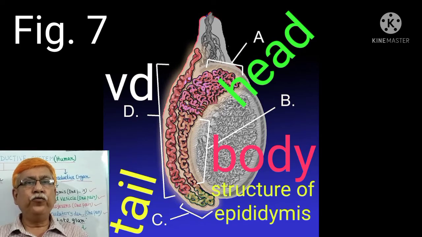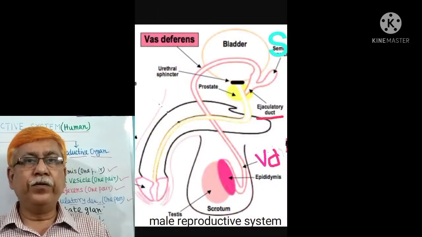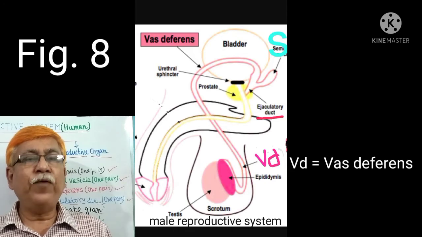It is divided into 3 parts. 1, head of the epididymis, marked as capital A. 2, body of the epididymis, marked as capital B. And 3, tail of the epididymis, marked as capital C. Function of epididymis: secretion of epididymis provides nourishment of spermatozoa.